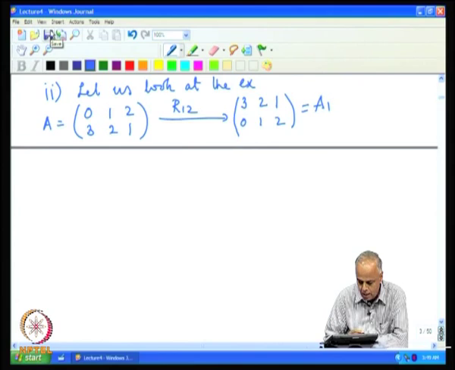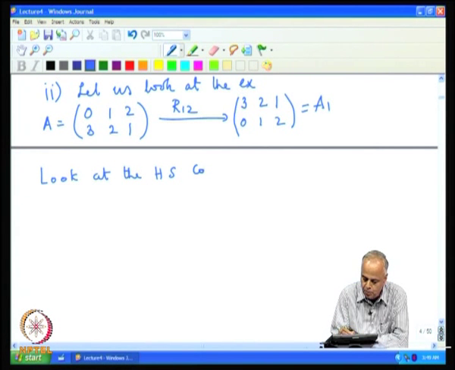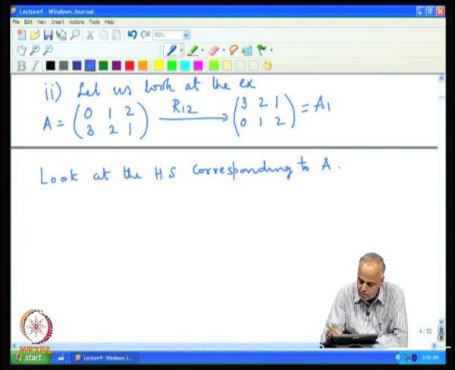Now, let us look at the homogeneous system corresponding to A, the original matrix, and A1, the matrix that has been obtained from A by applying an ERO of type 1.